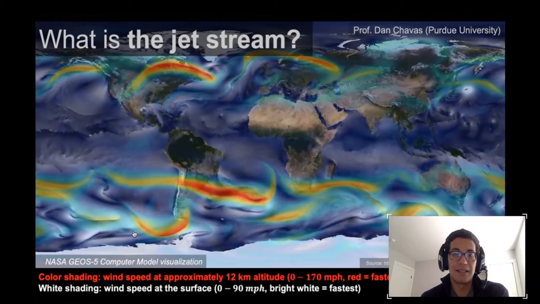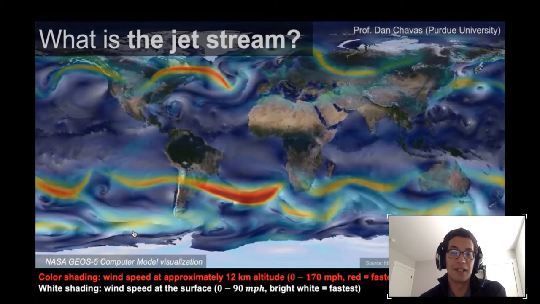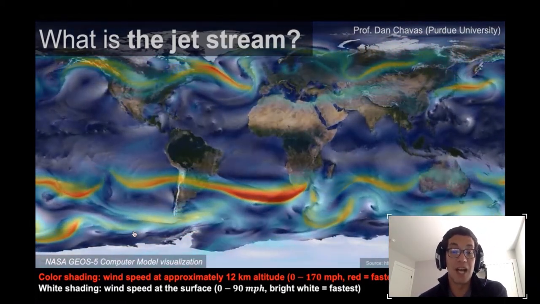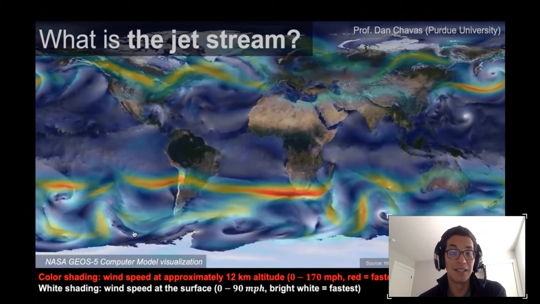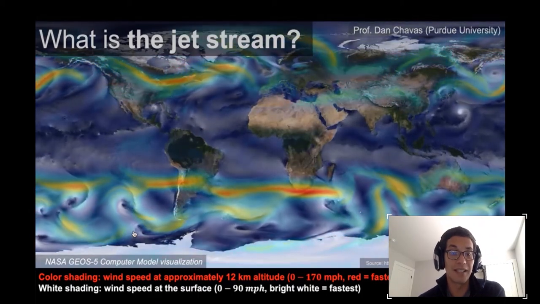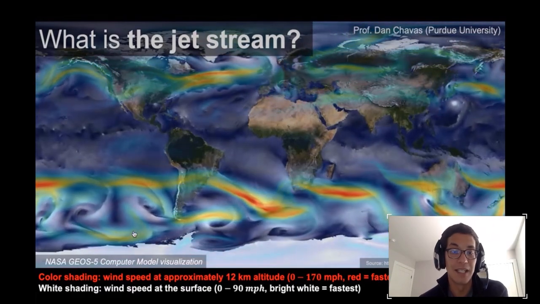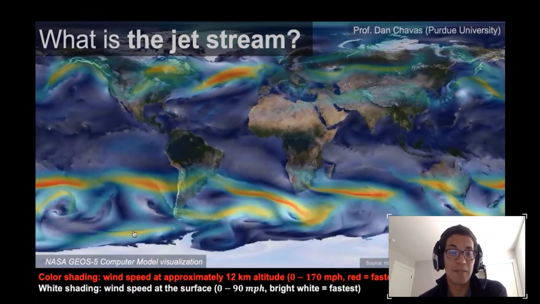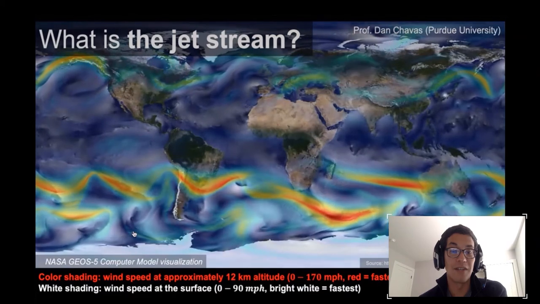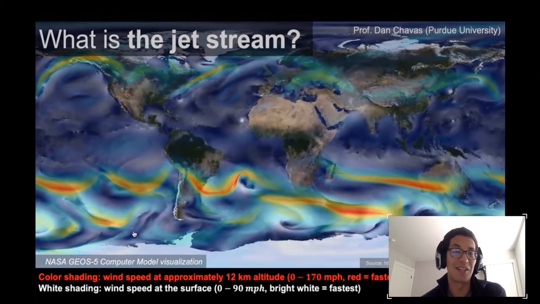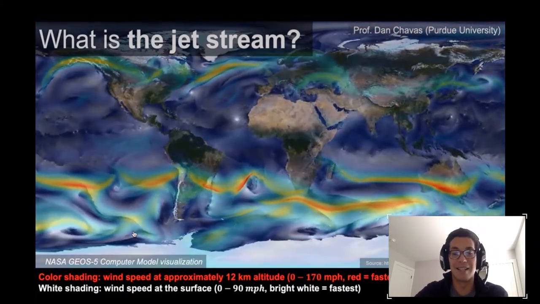And those reds in particular are wind speeds up to something like 170 miles per hour. So very fast. Think about you drive on the highway at, say, 60, 70 miles an hour. So you see these bands of air moving very, very quickly. That is the jet stream. So we're going to talk about that here.